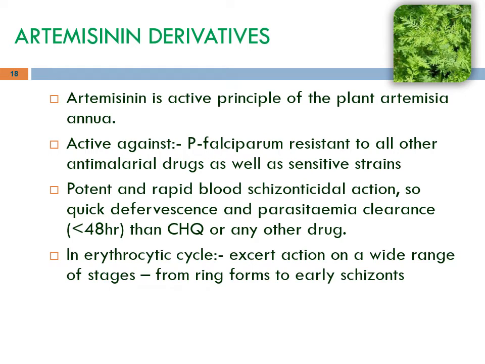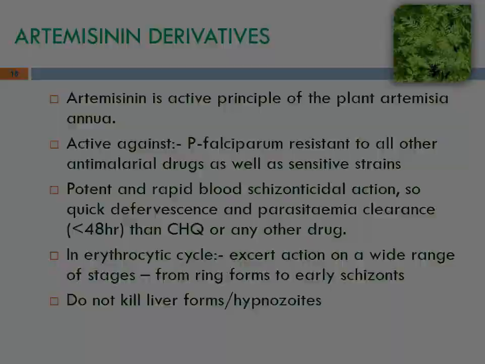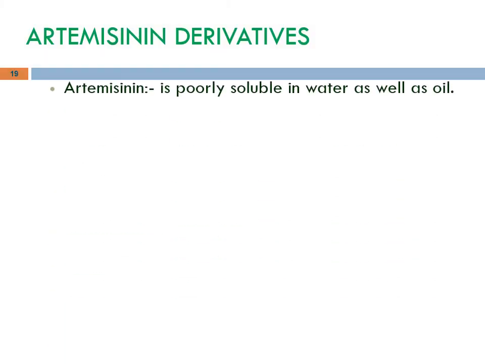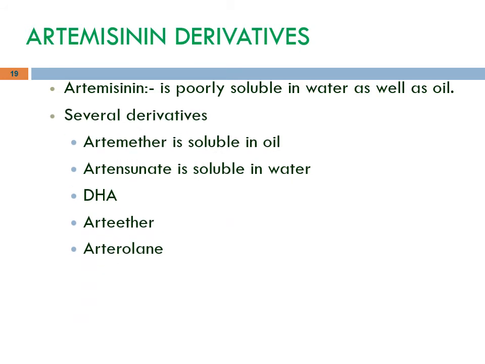In the erythrocytic cycle, it exerts action on a wide range of stages from ring forms to early schizont, but it does not kill liver forms and hypnozoites. Artemisinin is poorly soluble in water as well as oil. Several derivatives of artemisinin are there: artemether is soluble in oil and artesunate is soluble in water.